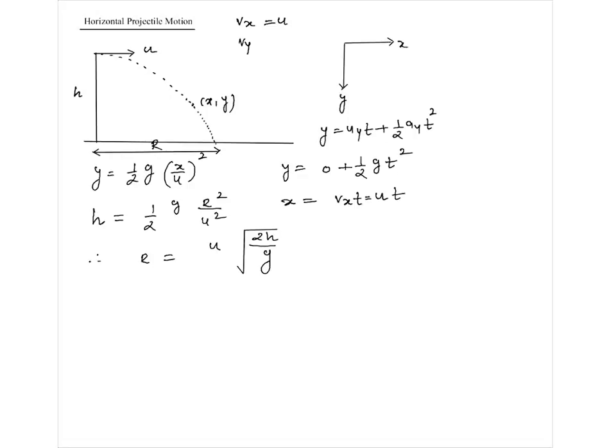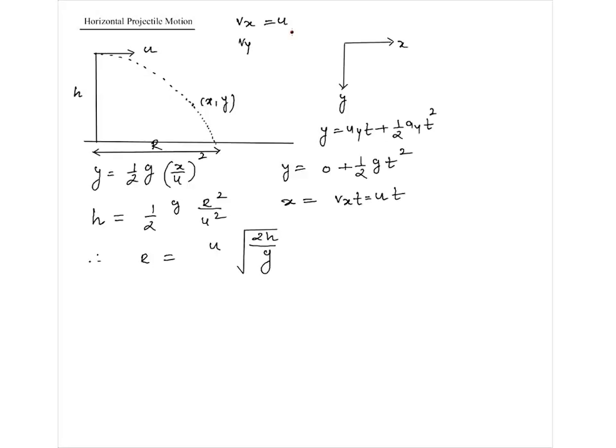Now let's do time of flight calculation as well. In x direction, we know that it is a constant velocity case.